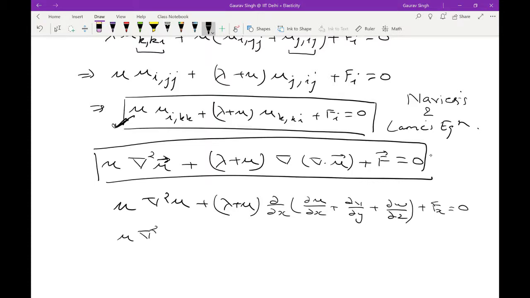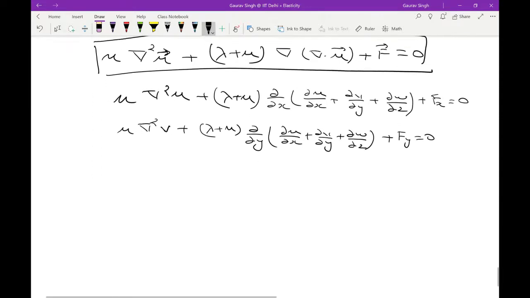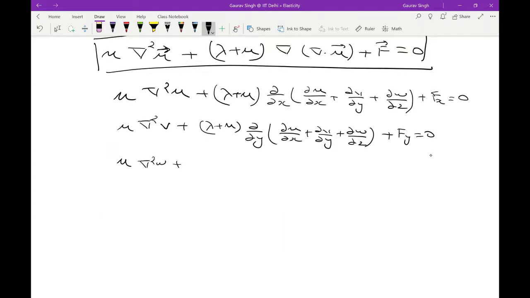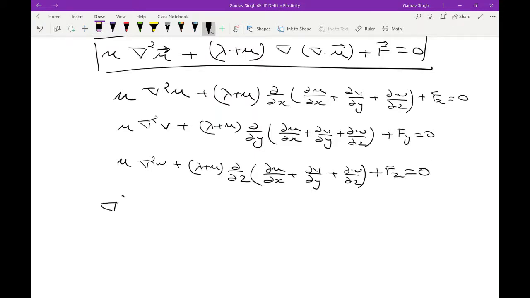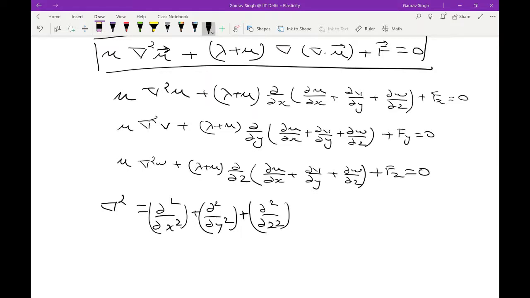Then you have the similar equations for v and w. The Laplacian is just for your information.